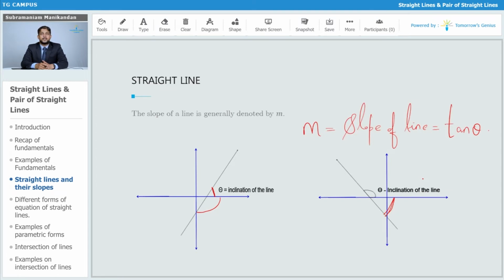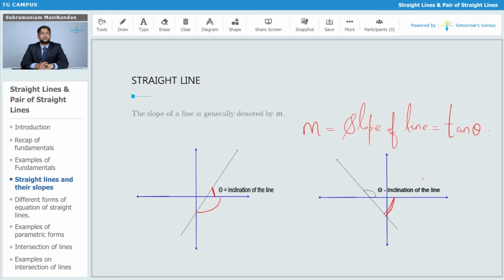So how can I confidently say that the left diagram makes an acute angle with the positive x-axis and the right diagram makes an obtuse angle with the positive x-axis? Well, the key is in the direction of rotation. When I measure the direction of rotation in the counterclockwise sense, only then can I call that angle the inclination.